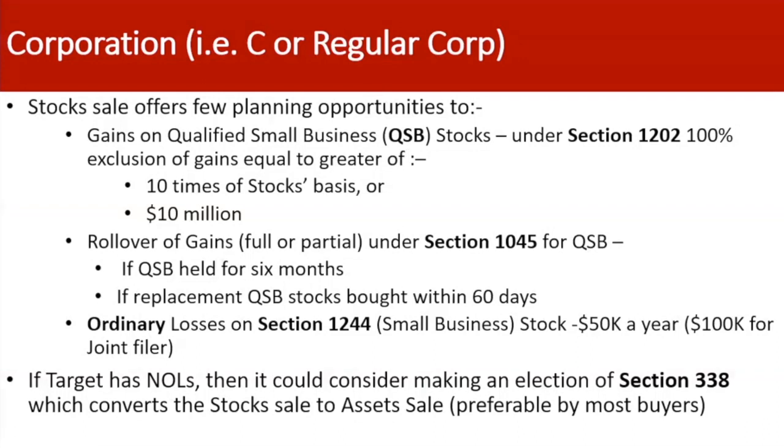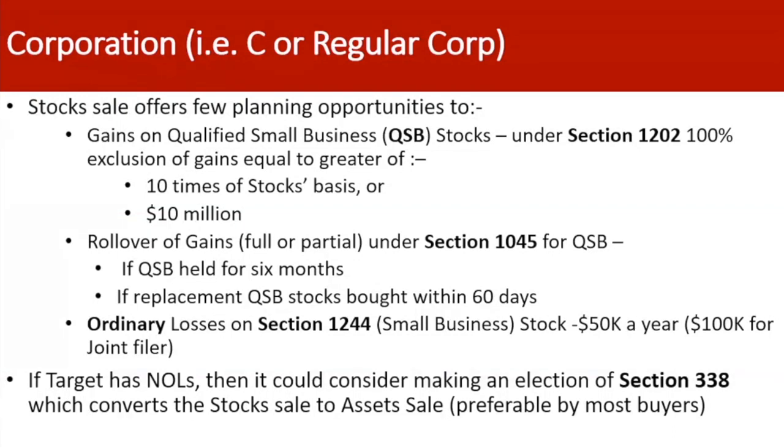You have to hold the stock for 5 years. The stock needs to be originally issued by the company, which means if Mr. A acquired the stock from company A and Mr. A sells the stock to Mr. B, Mr. B is not acquiring directly from the corporation. So Mr. B's stock acquisition may not qualify.